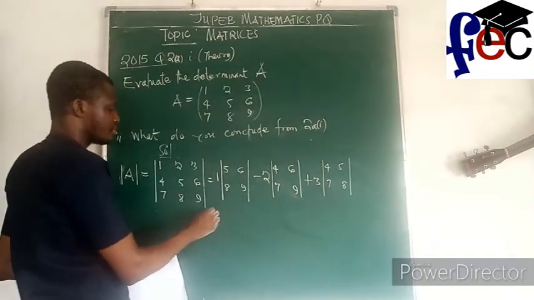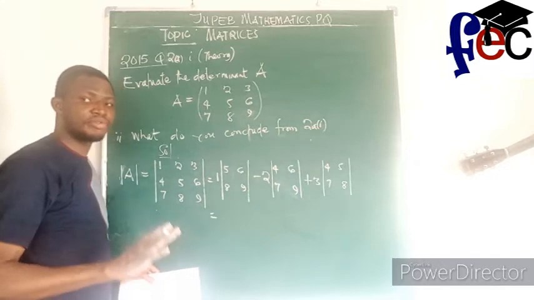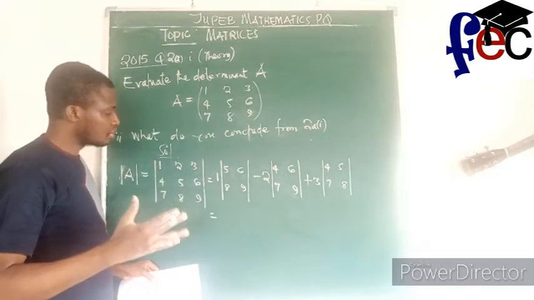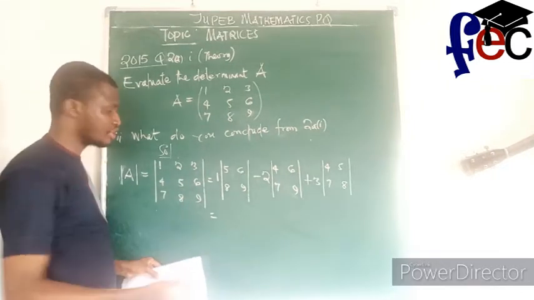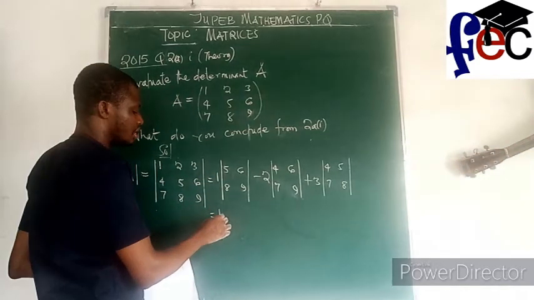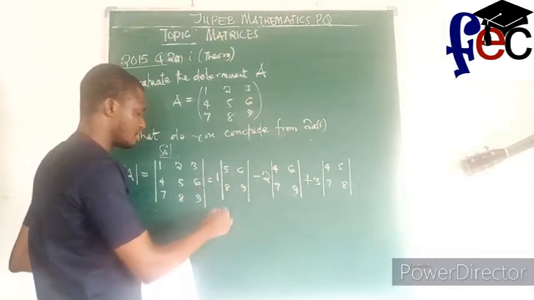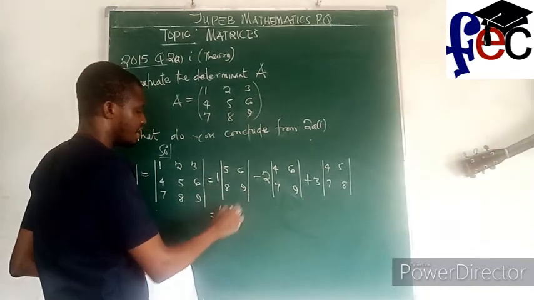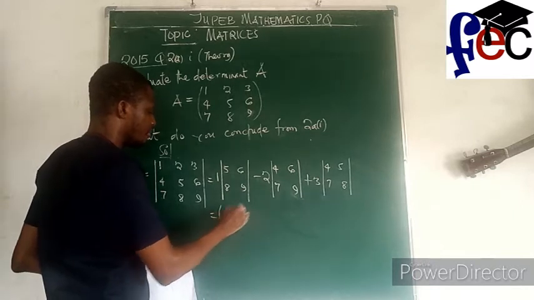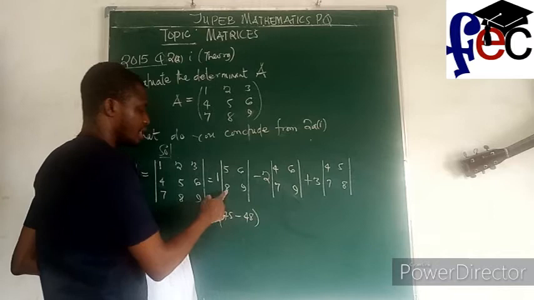Alright, so can we do our multiplication? You have to be very accurate in your multiplication. 5 times 9, this is 1. Okay, so you may not necessarily bother yourself because 1 multiplied by this will still be that result. So 45 minus what? 48. 8 times 6.